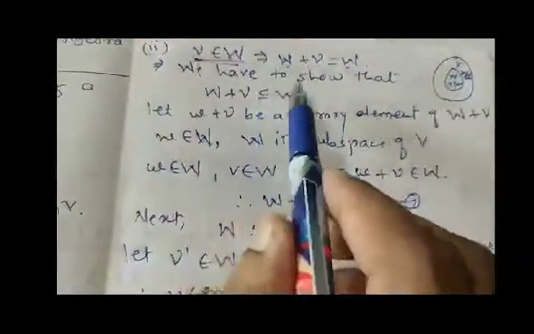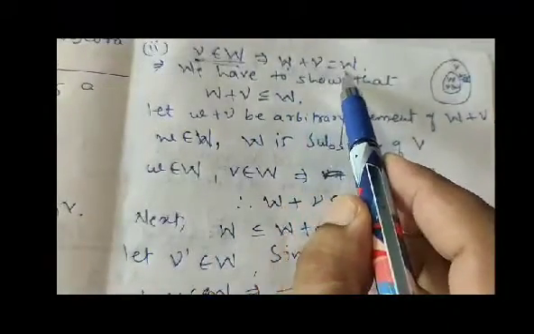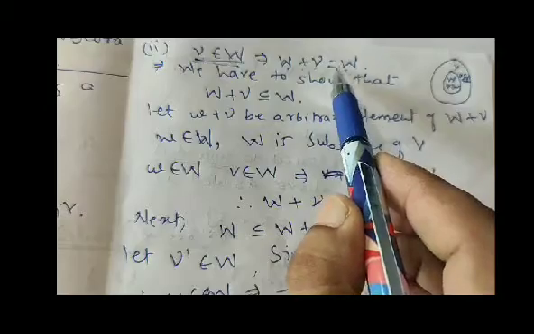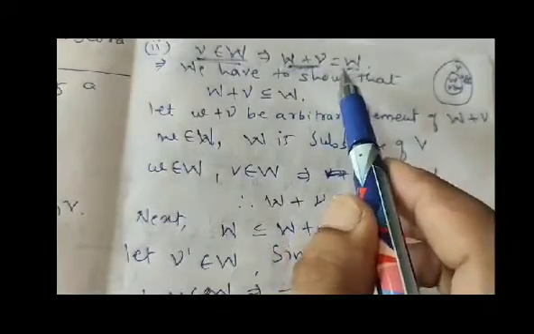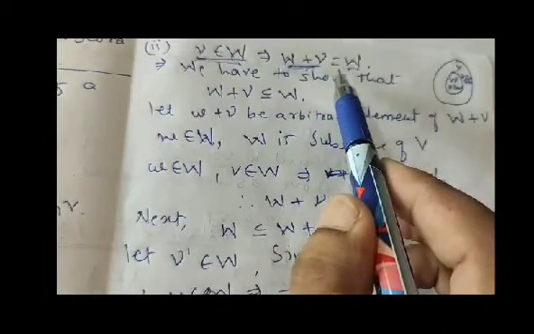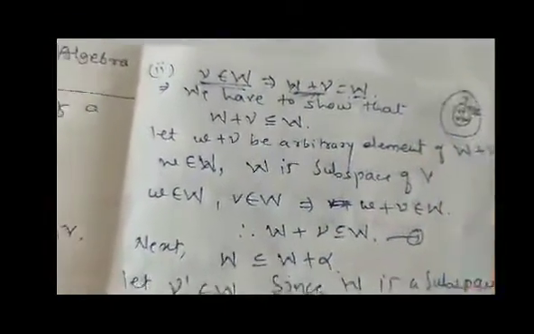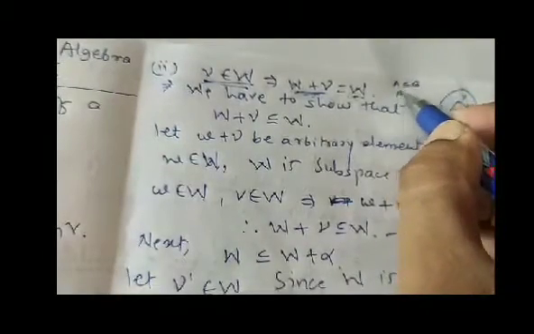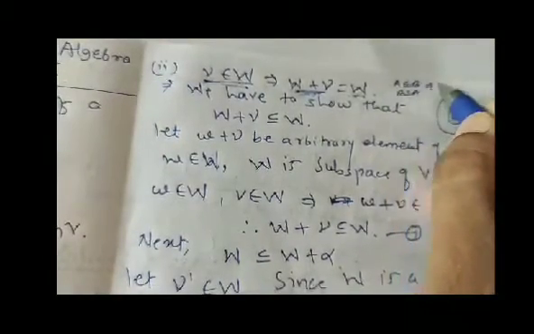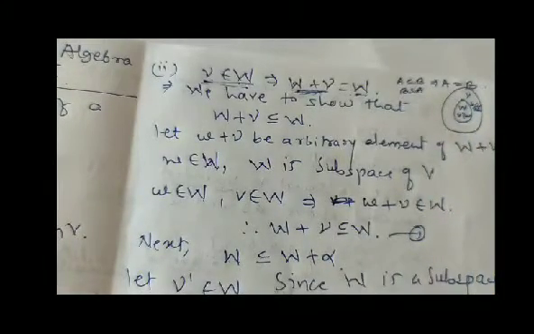Okay, so we have to show that W plus nu is equal to capital W. We know that if we have to show that two things are equal, and these are sets, then we use the concept: if A is a subset of B and B is a subset of A, then we say that A is equal to B. No other chance.